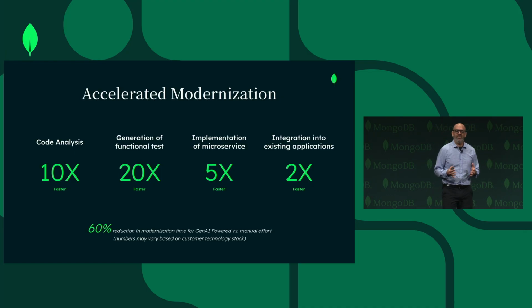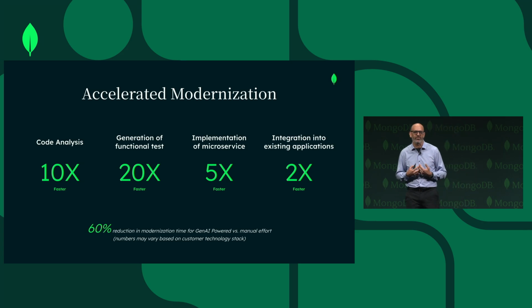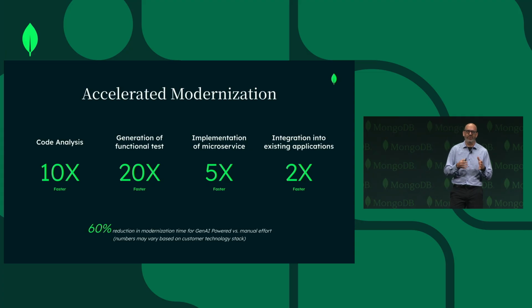And what we've seen at customers when we do these projects is a really high degree of acceleration and developer productivity enhancement. If you're looking at specific tasks like code analysis, generating test coverage or code transformation, we're able to accelerate those tasks at a high rate.